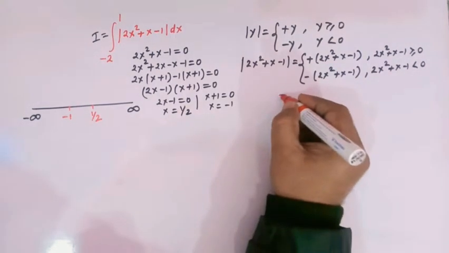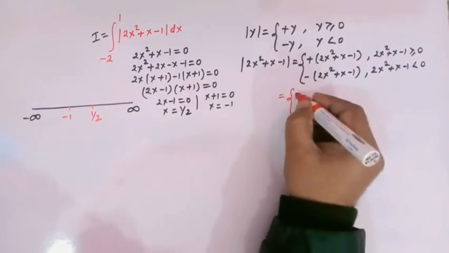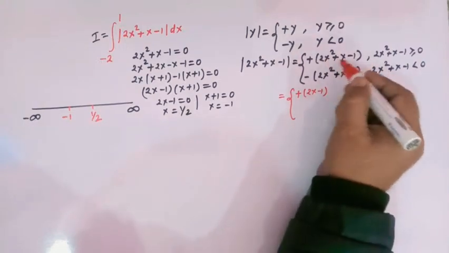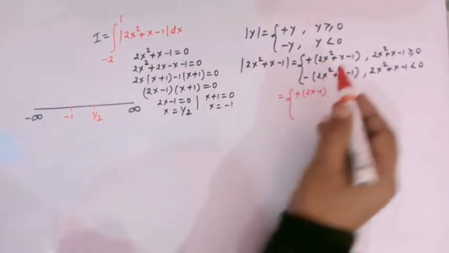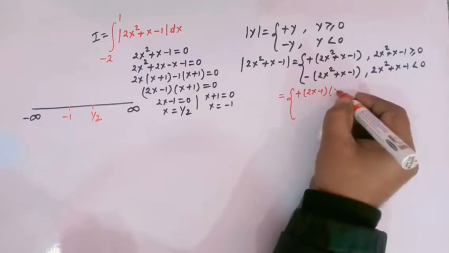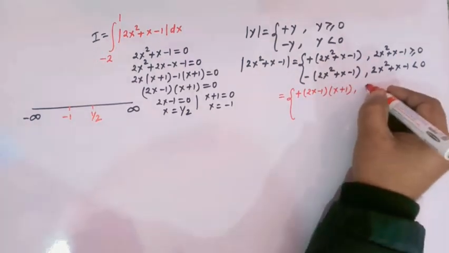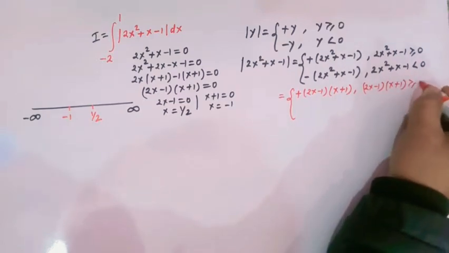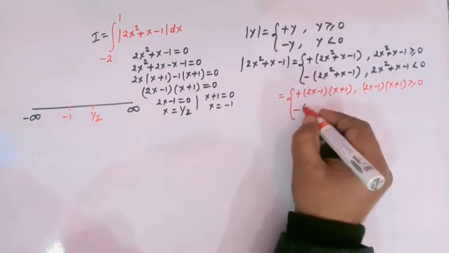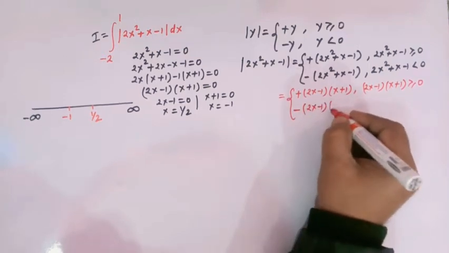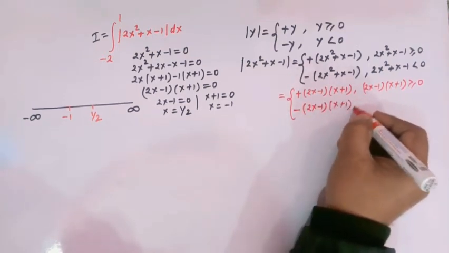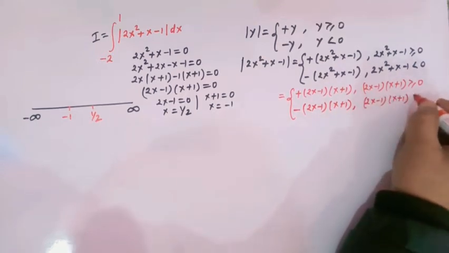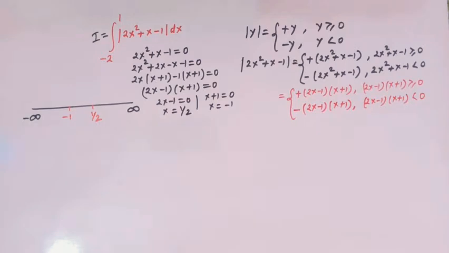This can also be written as +(2x − 1)(x + 1) when (2x − 1)(x + 1) ≥ 0, because the two linear factors of this expression are 2x − 1 and x + 1, and −(2x − 1)(x + 1) when (2x − 1)(x + 1) < 0.